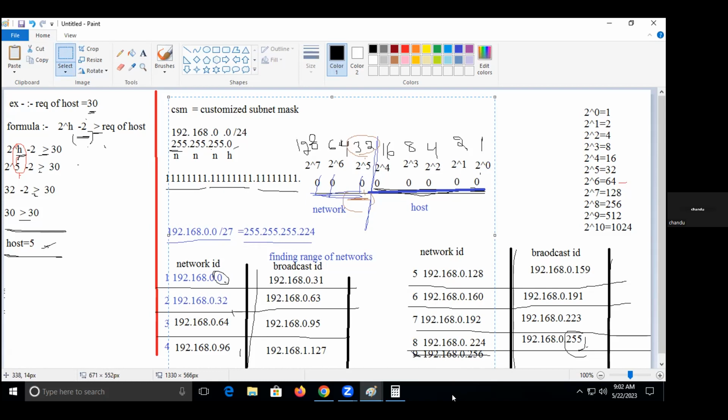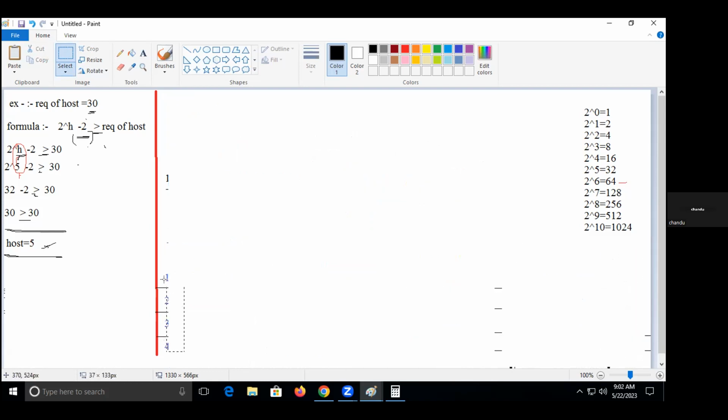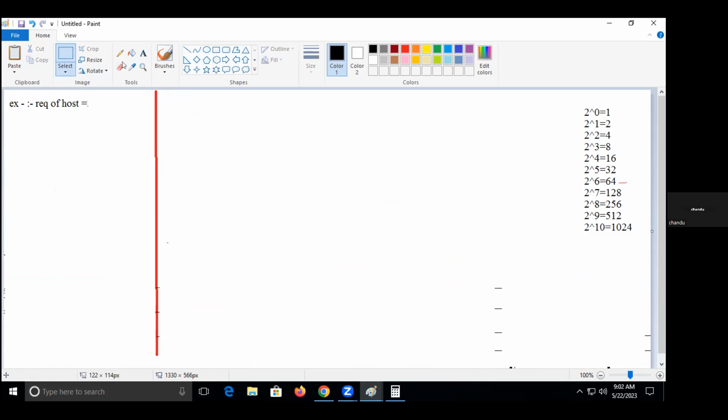Let me delete all this. Say I have one router in Hyderabad and one router in another location. Once your routers are connected, they require some public IP.